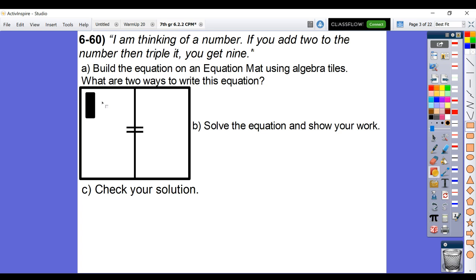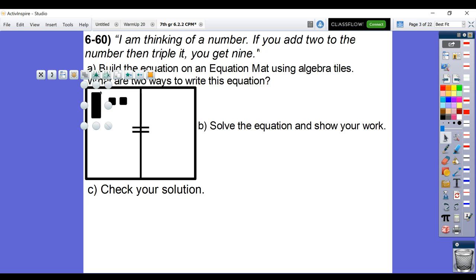If you add 2 to that number, which means that you're adding 2 unit tiles, and then triple it, you're going to get 9. So right now we have the thinking of a number, adding 2 to it. Now for tripling it, we're going to need to basically make this 3 times as much.